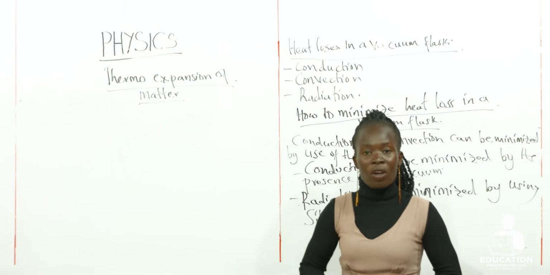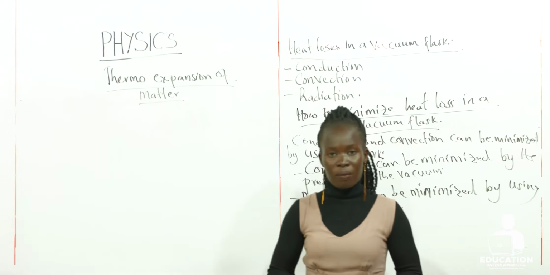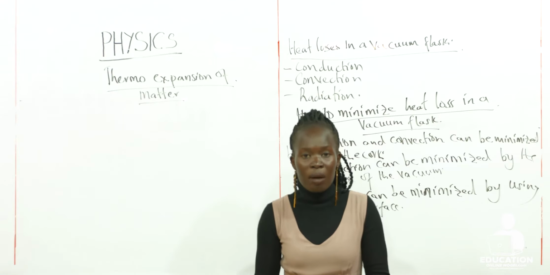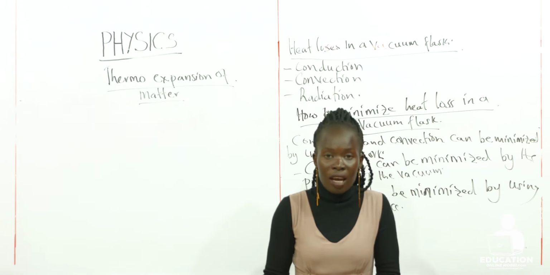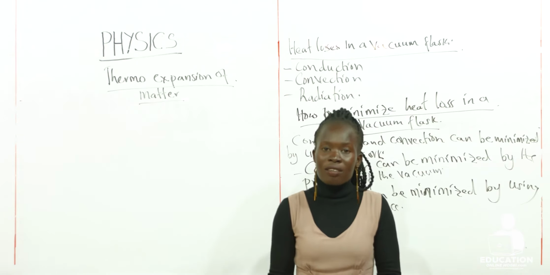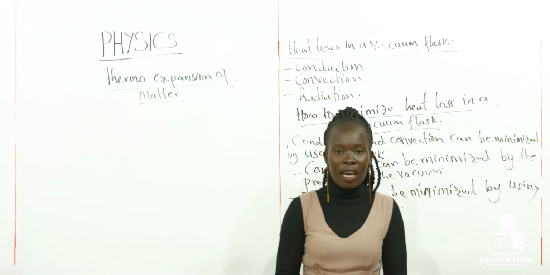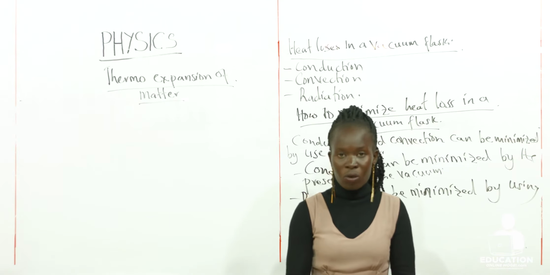When you heat an object up, what happens? The object will increase in size. So when it increases in size, what is the effect? That's what we are going to look at.